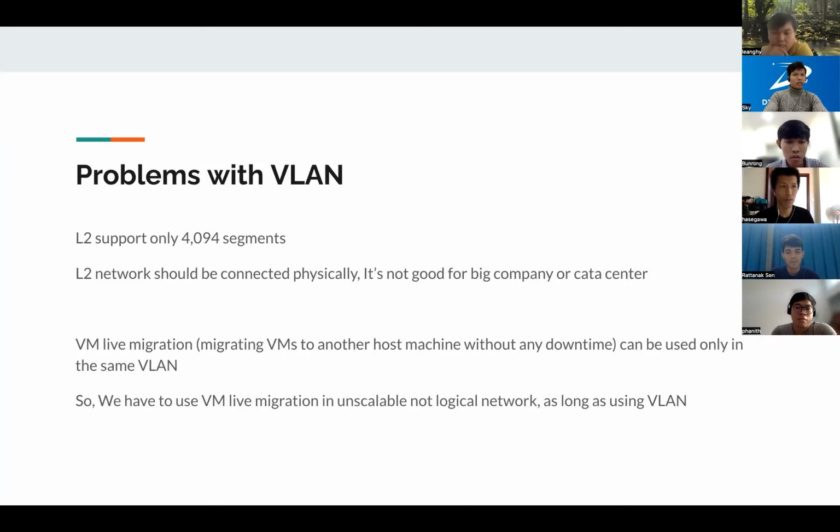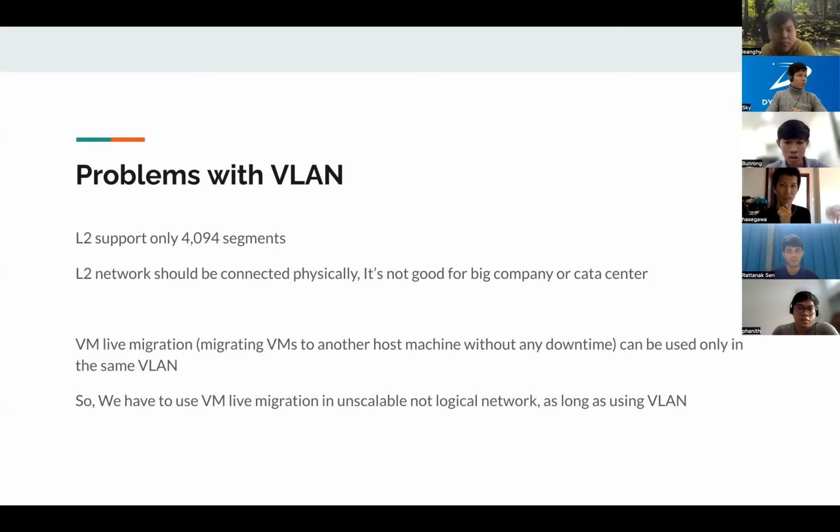Segment means the number of IPs. It should be the number of IPs.